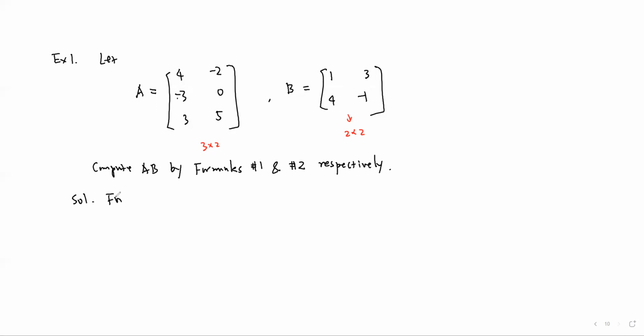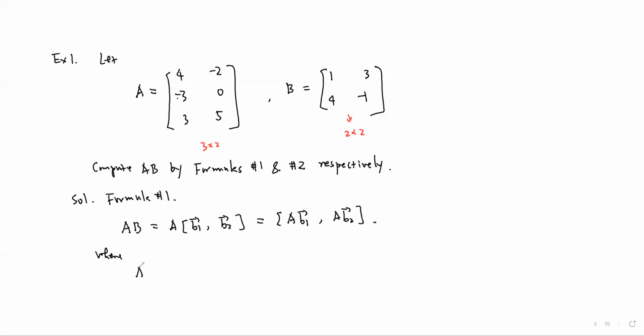By formula 1 first: a matrix times a matrix is the first matrix times the columns of the second matrix. A times B. Let me split B into 2 columns. By the formula, it is A times the first column, A times the second column.